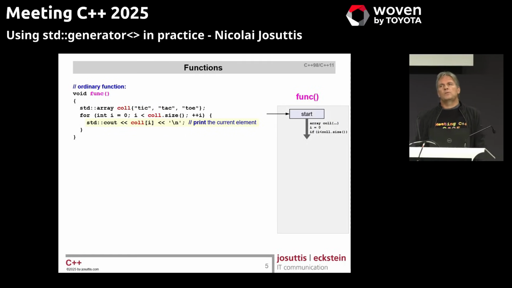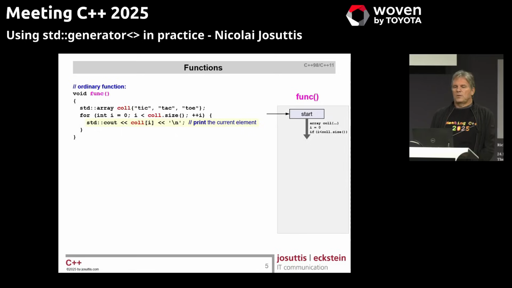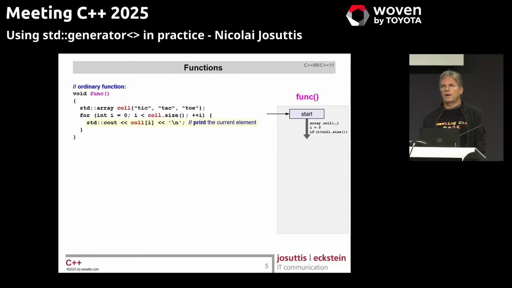Let's look into real source code. So here you see an ordinary function that iterates over the elements in an array and prints them out. When the function starts, we initialize an array, and then we initialize an int, an index, and while we are less than the size of the collection, we enter the body of this function.